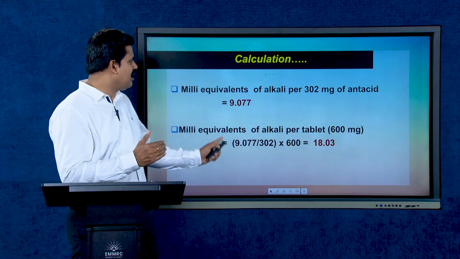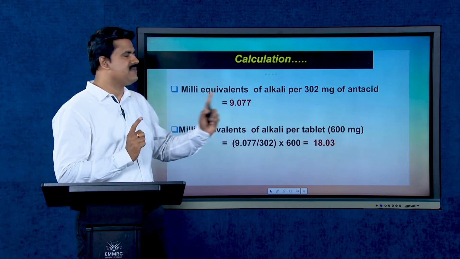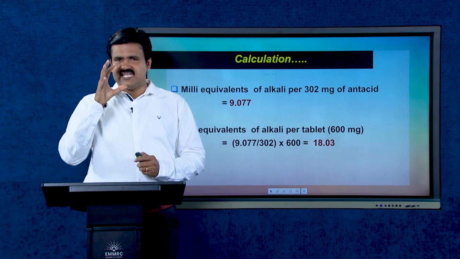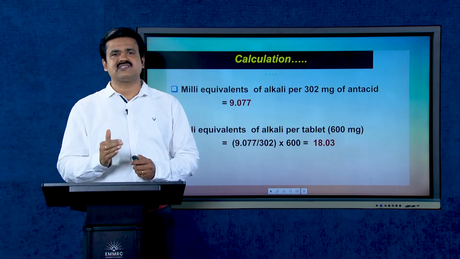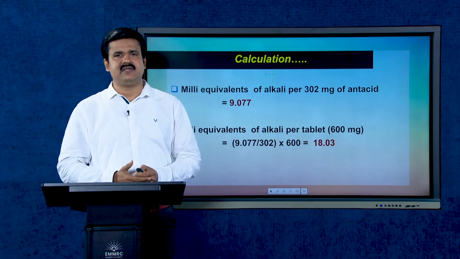For that, you have to perform this calculation. 9.077 is the milli equivalence per 302 milligram. Just multiply with 600 milligram, that is the actual weight of a single antacid tablet. You got the number of milli equivalents as 18.03. So, 18.03 is the value of milli equivalence of total alkali present per antacid tablet.